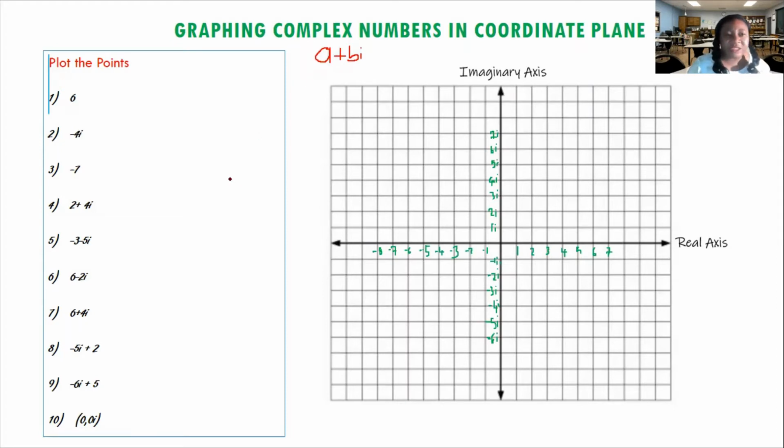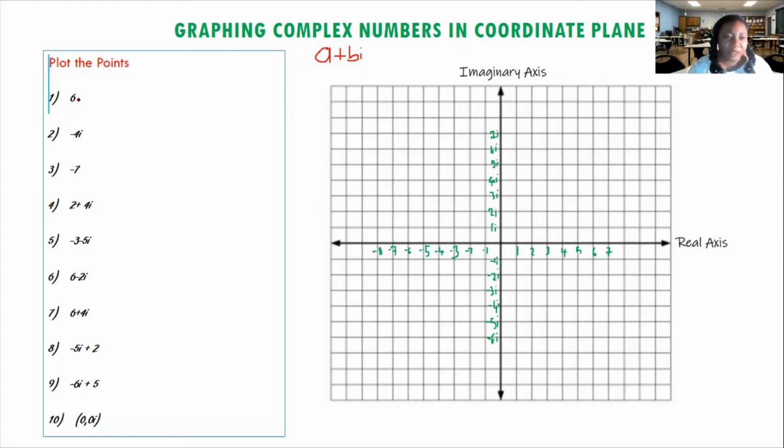So if you're asked to graph points on a complex coordinate plane, it's simple. As long as you remember that your x-axis is used for your real numbers and your y-axis is used for your imaginary numbers, you can go ahead and plot the points.